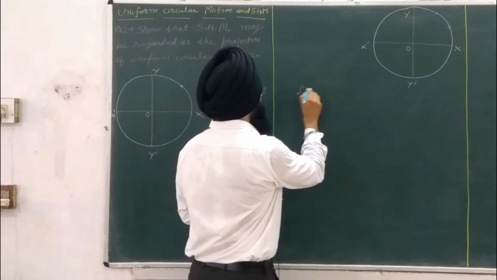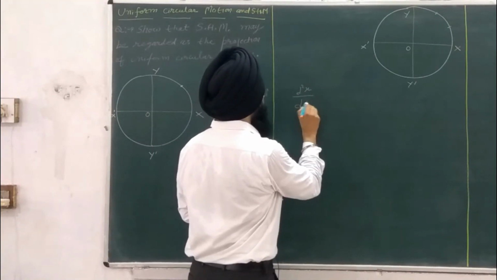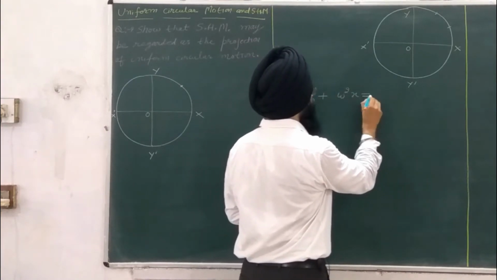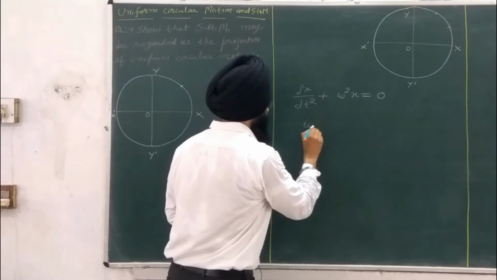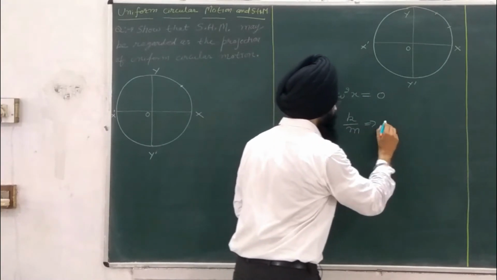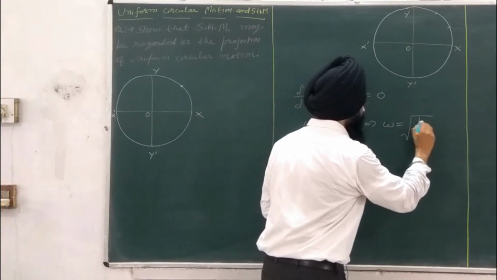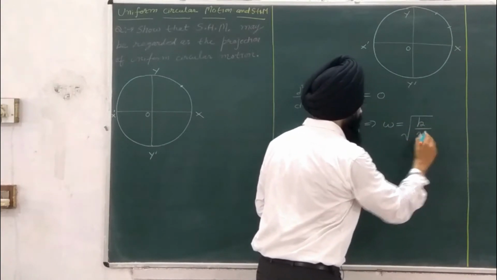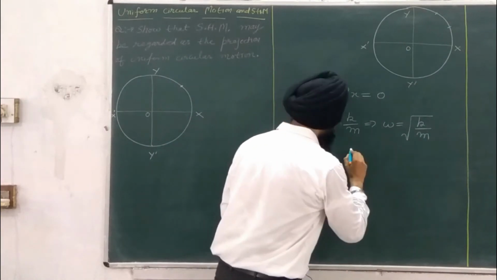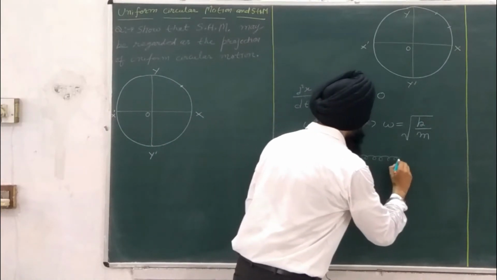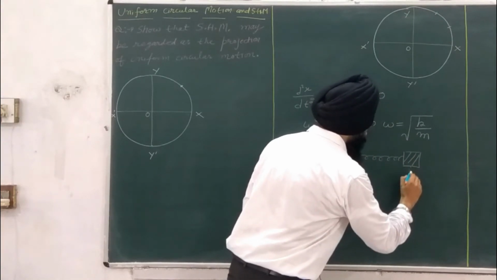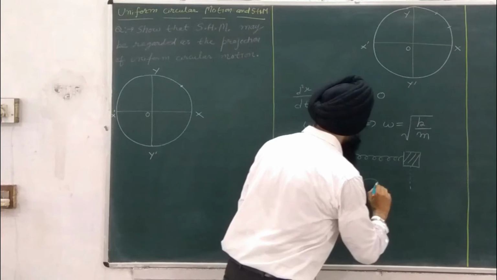The equation of motion for simple harmonic motion was given like this, where omega squared was equal to k by m, or omega, which is called angular frequency, was equal to the square root of k by m. Here k is the stiffness constant of the spring, x is the displacement from the mean position.